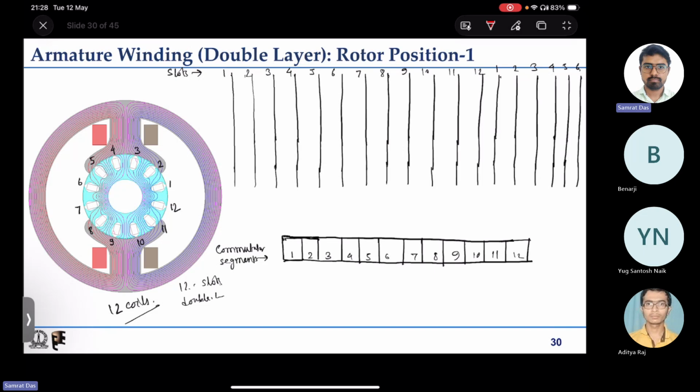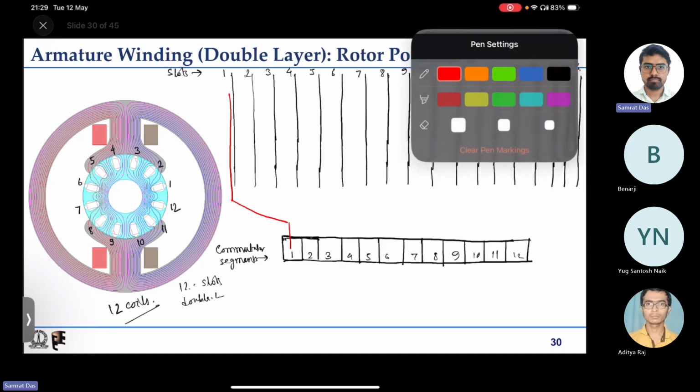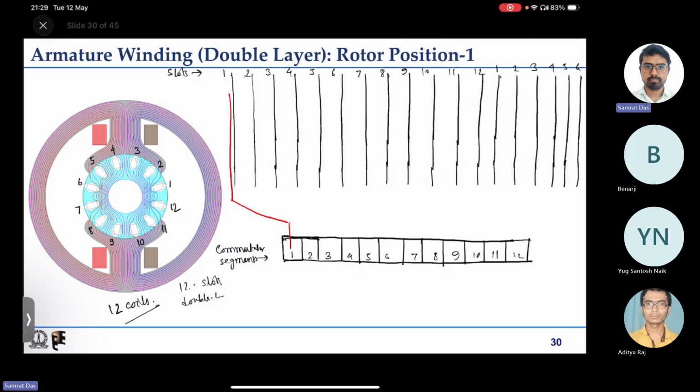So let us start from segment number 1. Let us say it goes like this. I'm drawing it on the left of the first slot, so that means it is the top conductor, right? Probably I'll make it a little shorter to correctly draw the overhang.